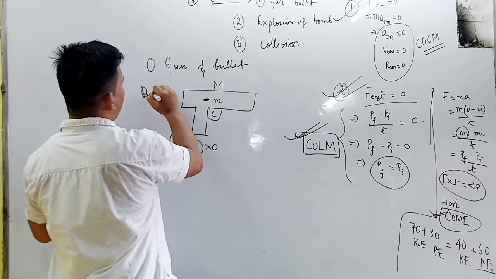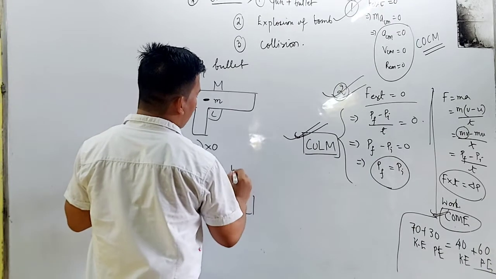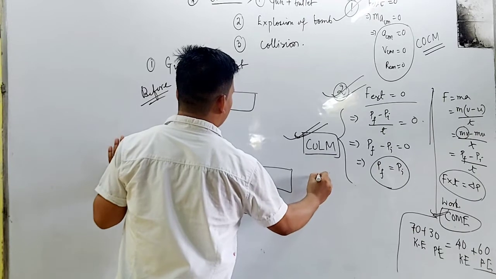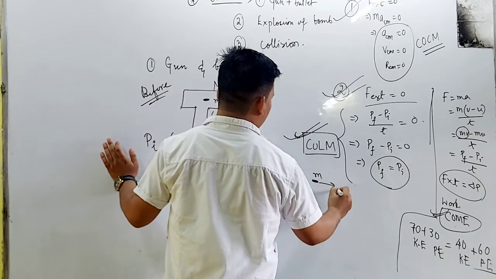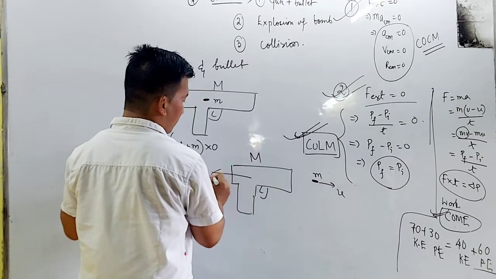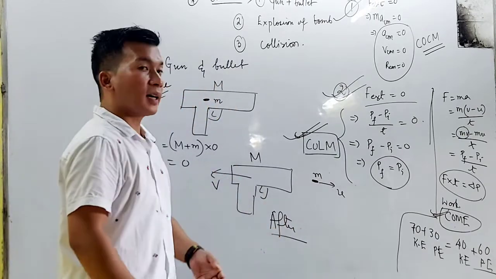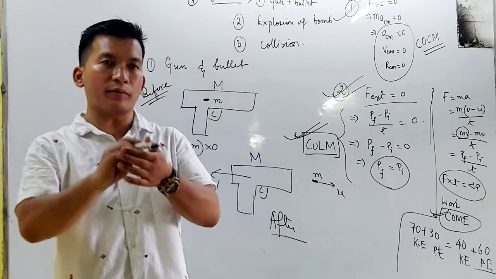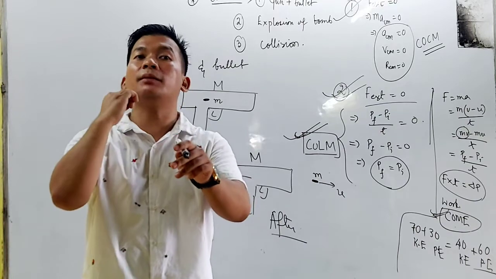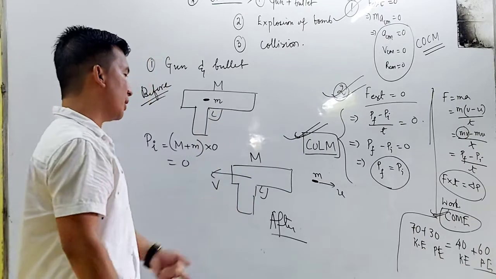Let me draw it in two separate ways. After firing, the bullet will be moving in the forward direction and the gun will be moving in the backward direction. That is the recoil of the gun.